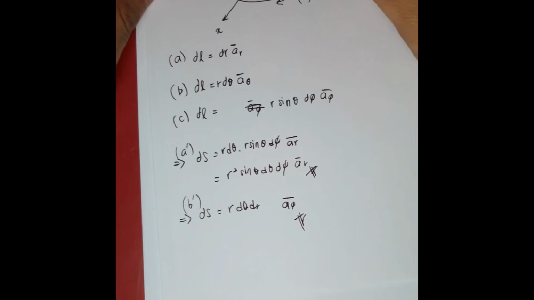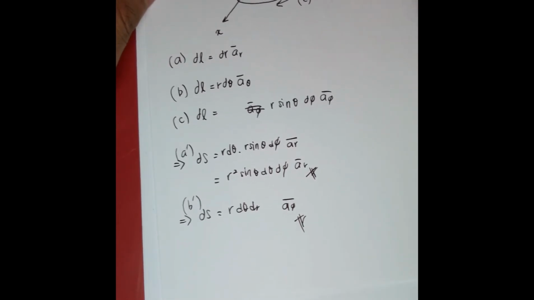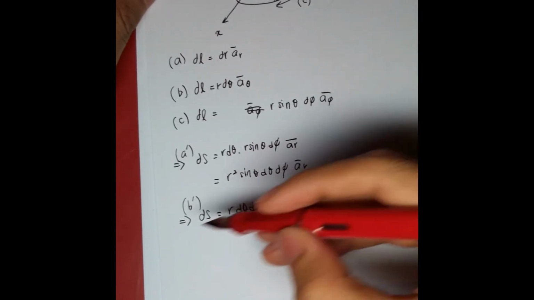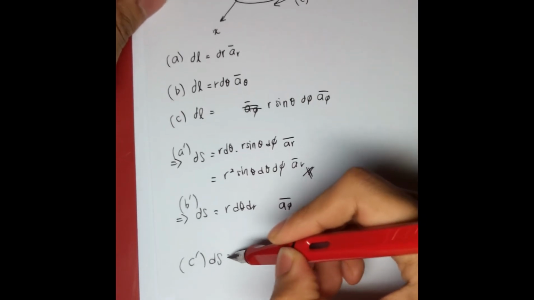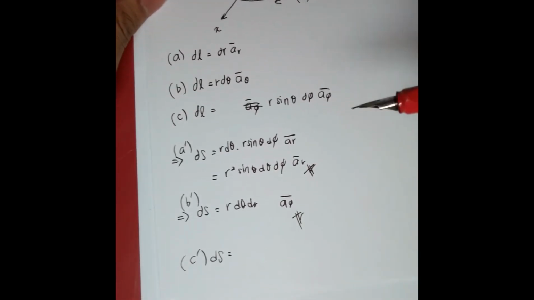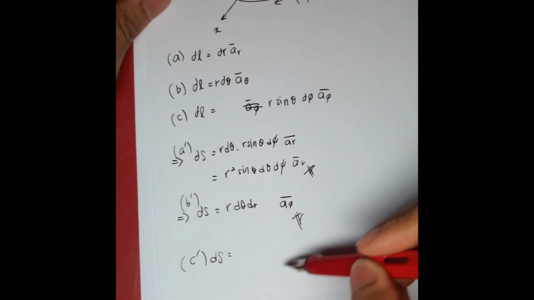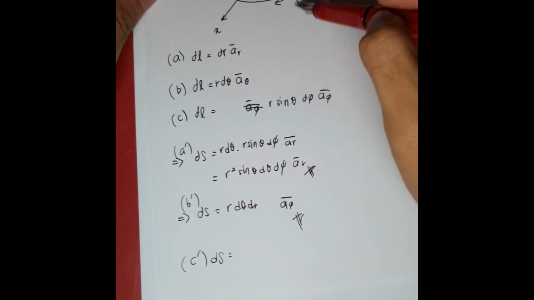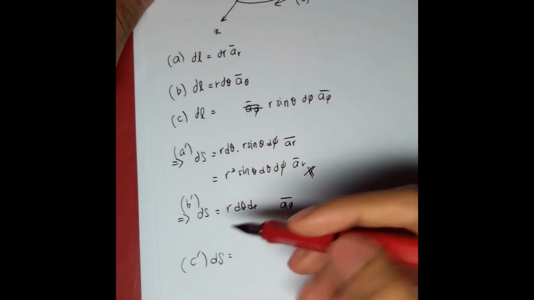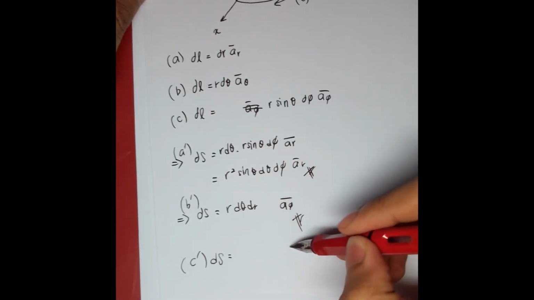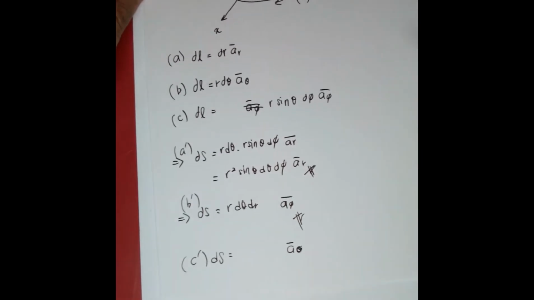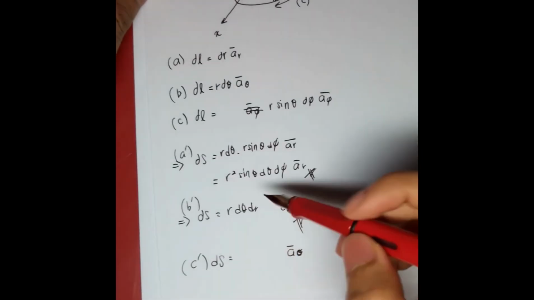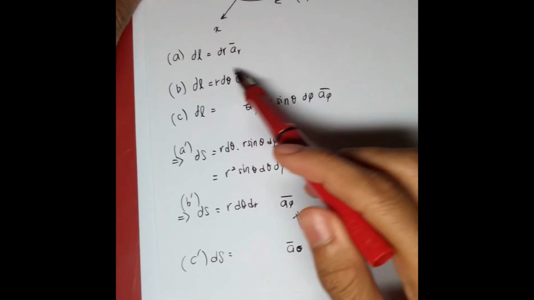Now for this bottom surface, C prime, it's actually pointing towards theta. So the unit vector should be a theta. So the magnitude should have no relations with theta.